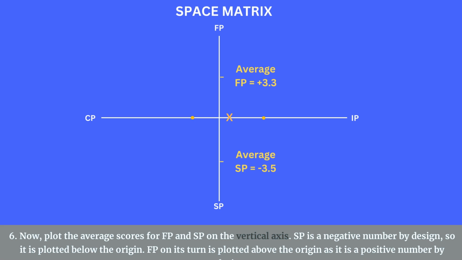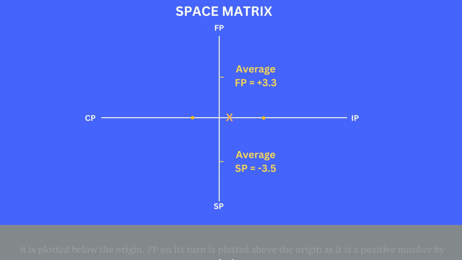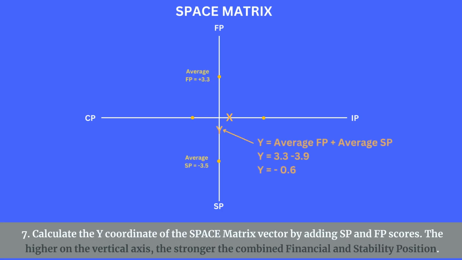SP is a negative number by design, so it is plotted below the origin. FP in turn is plotted above the origin as it is a positive number by design. 7. Calculate the y-coordinate of the space matrix vector by adding SP and FP scores. The higher on the vertical axis, the stronger the combined financial and stability position.